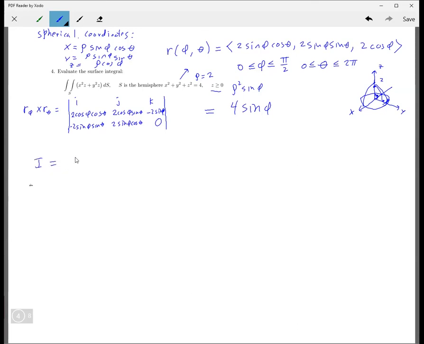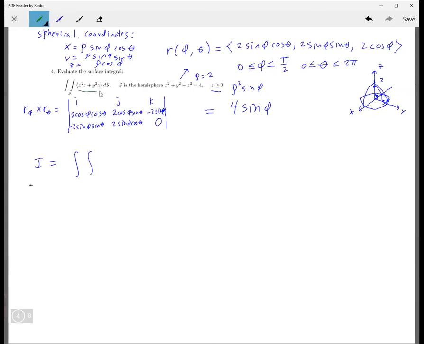Okay, so the integral now, you want to set that up. The integral is, okay, so let me get this part.